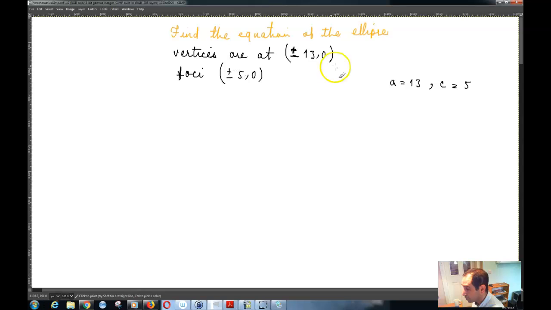And also you see that your vertices are at these 2 points. So what that means is that your major axis is along the x-axis.